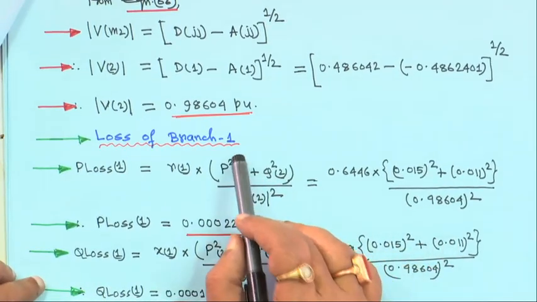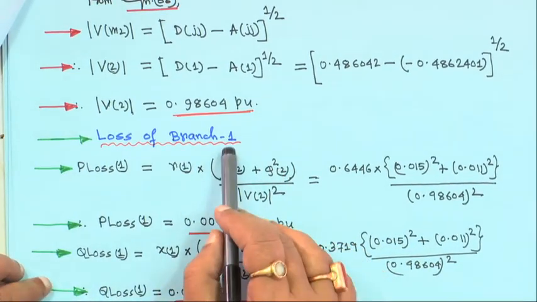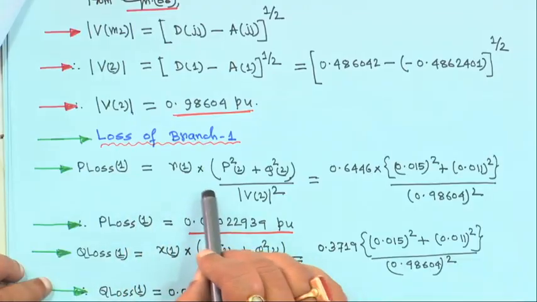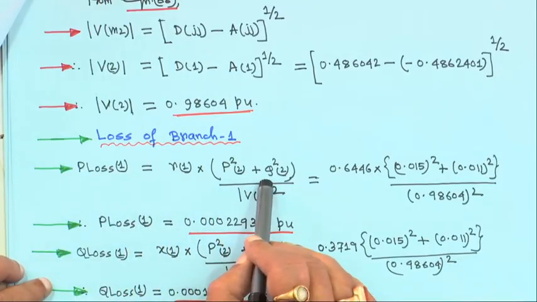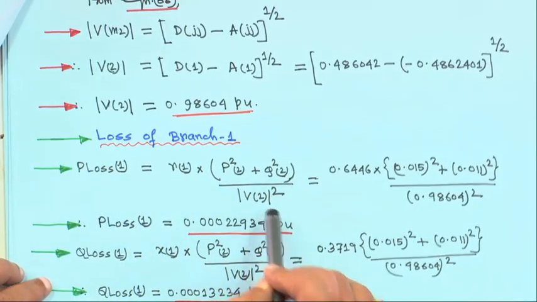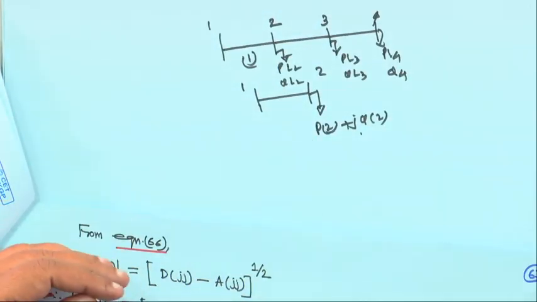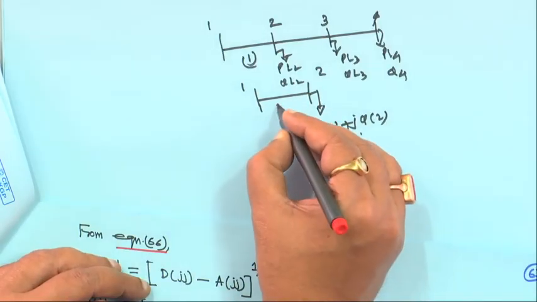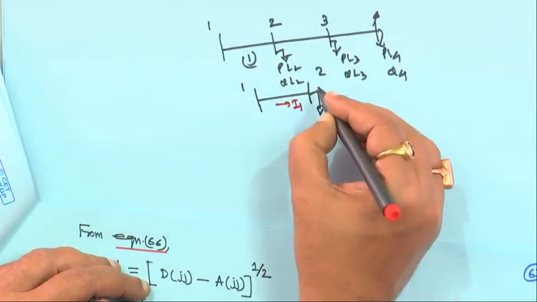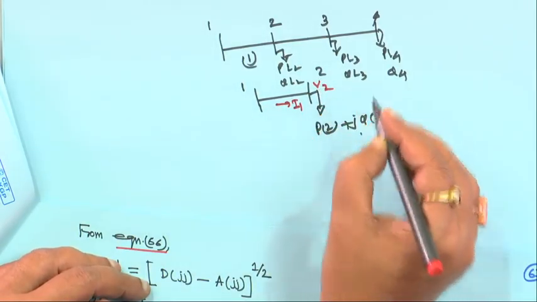Now, once V2 is obtained, the loss of branch 1, that is P loss 1, is R1 into (P2 square plus Q2 square) upon V2 square. This also I have showed you, right, how to calculate the losses. So, in this diagram, this is the current I1 and this is the voltage magnitude V2.